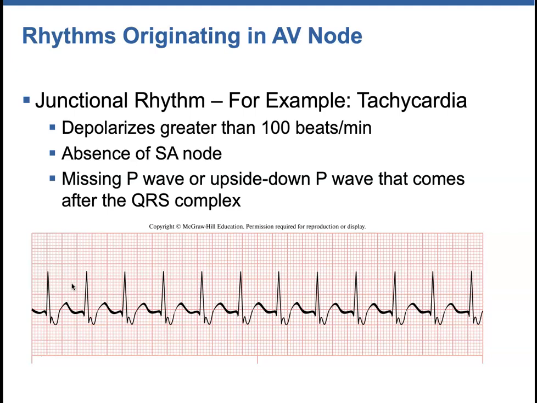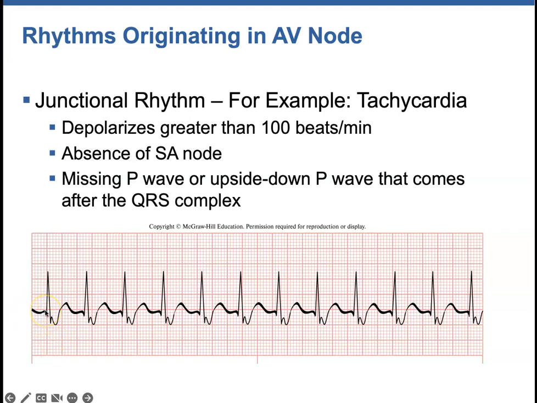You can also have, in a case of tachycardia, what's called a junctional tachycardia, where you can have a P wave that comes in very late. Here there was no P wave, here's your QRS, and then the P wave came in late and upside down. Here's your T. Basically what happens is you don't come to work, right?